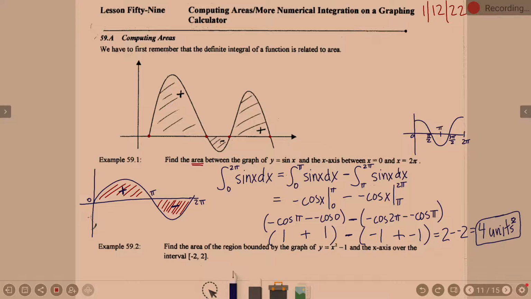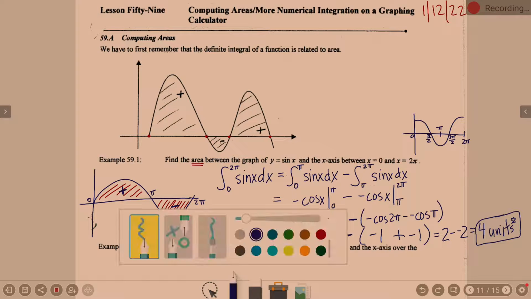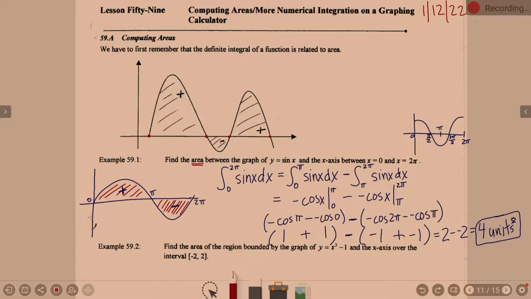Okay, 4 units squared. Yes? On this particular problem, it's not going to work for everything we're doing today. But on this particular problem, the other option would have been we could have done the integral from 0 to pi of sine x dx and just taken that and multiplied it by 2. I could have taken you that direction.